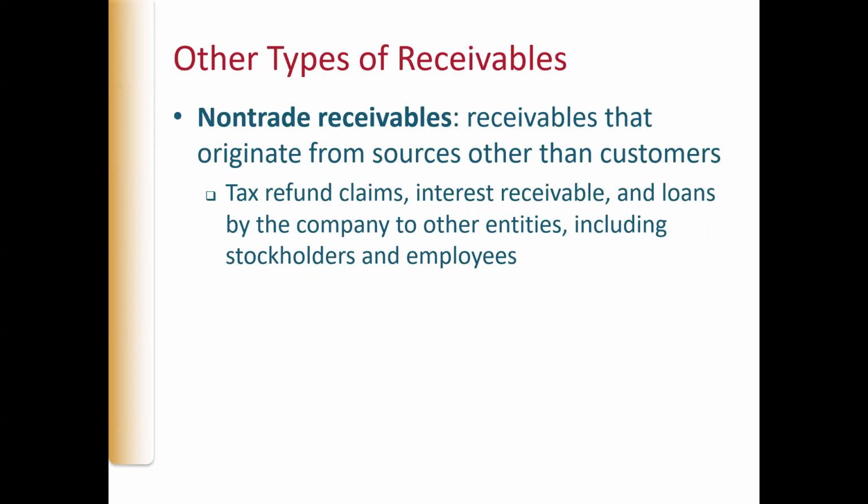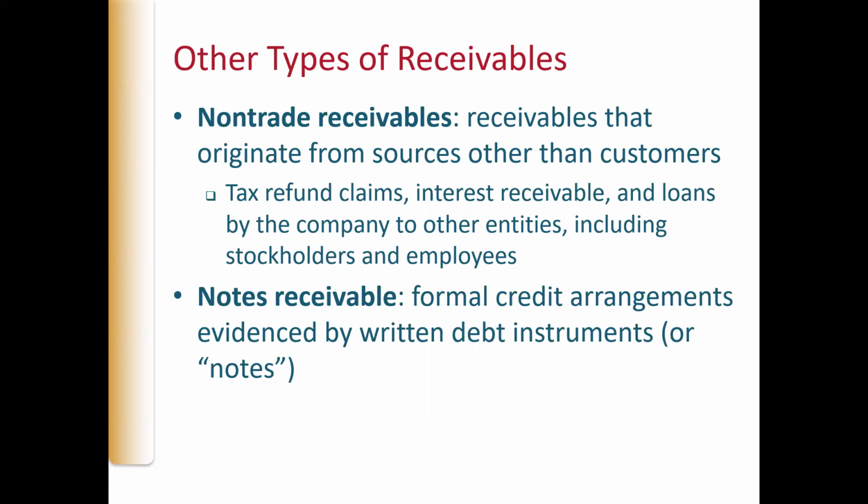Now, there may be other types of receivables that companies record. Tax refund claims, interest receivable, loans by the company to other entities, and that means the company lends money to others. So it would be a notes receivable for the company.